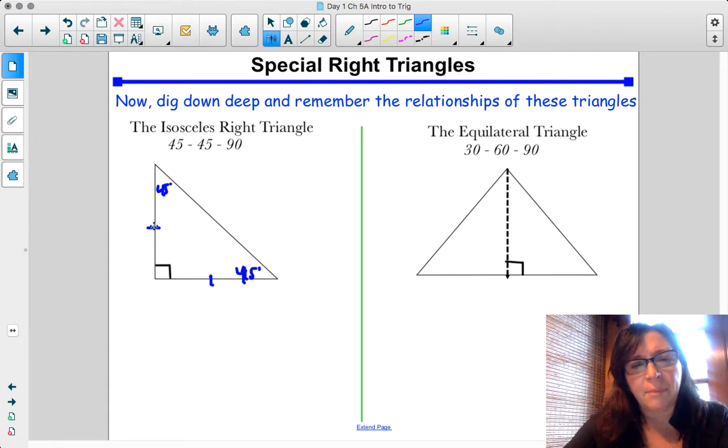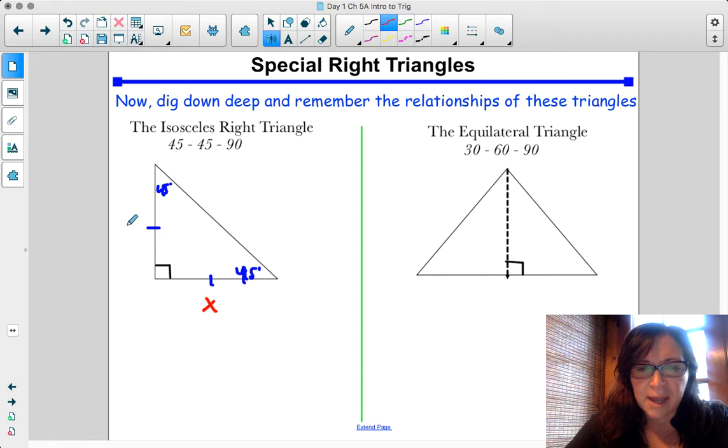The sides are the same because the sides opposite those congruent angles are congruent. This is my hypotenuse, the 90-degree angle. In addition to remembering that two sides are congruent, if that's x, this would be the same value, and this side here would be x root 2.